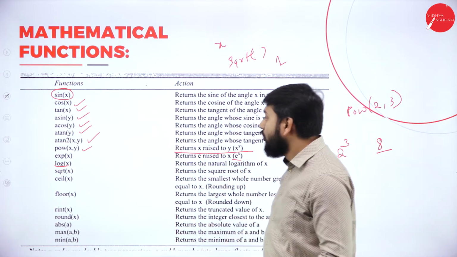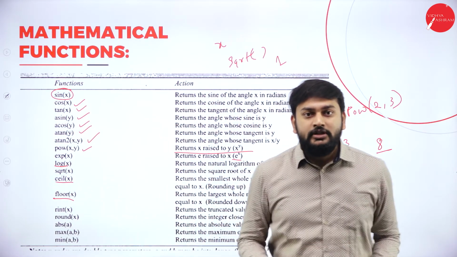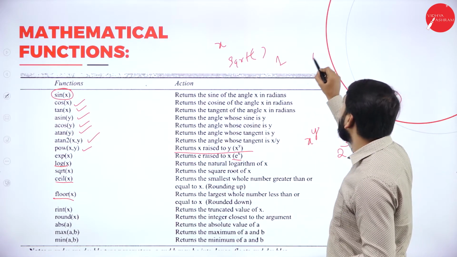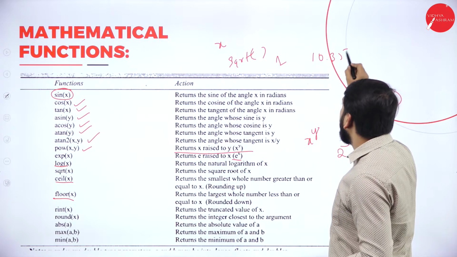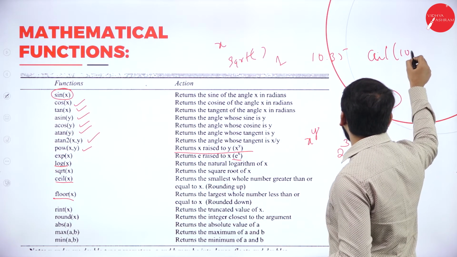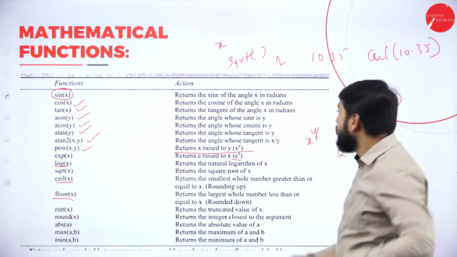In the same way, you have ceil and you have floor. Say for example, the ceil function will round up the value. Say I have 10.35. If I write ceil of 10.35, what is the meaning of it? It will round up the value. So what is the next value?